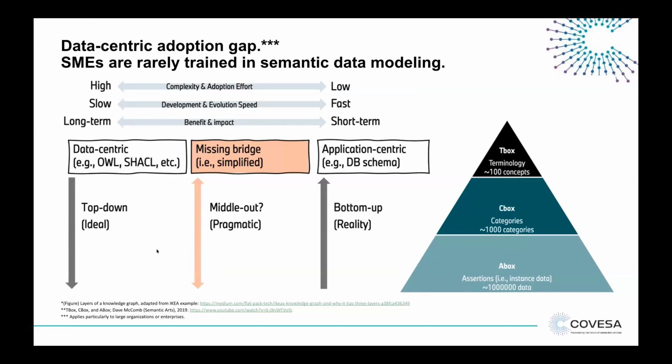So the ideal approach, if you want to go with a data-centric adoption, is to follow top to bottom. Most organizations ideally start with top to bottom, but over the period, in order to have better, faster, cheaper, any change mostly happens at the bottom layer and does not often cascade to the top layer.